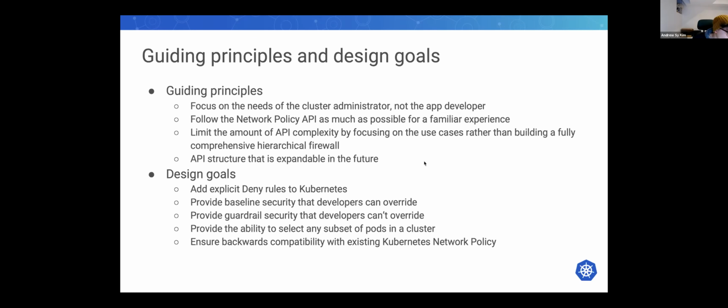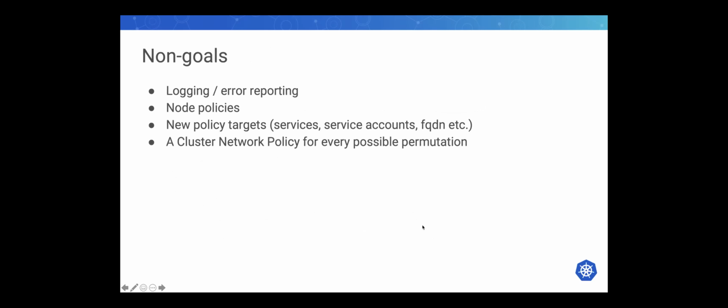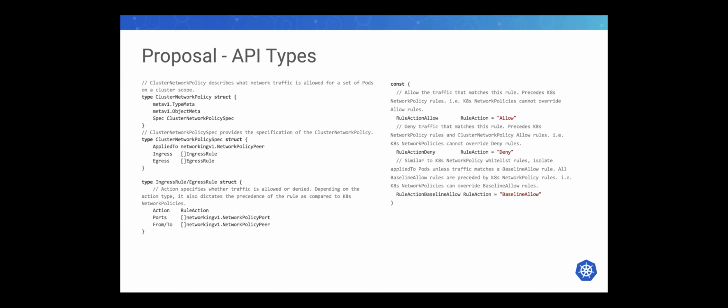All right. Okay, so I think we went over this and some of the non-goals. So without further ado, we can move into the proposal aspect. First, I wanted to talk more on the technical side, like how the API types look. I think this is a good way to understand some of the fields, and then we will look at a sample YAML resource for a cluster network policy with all the fields that we propose.